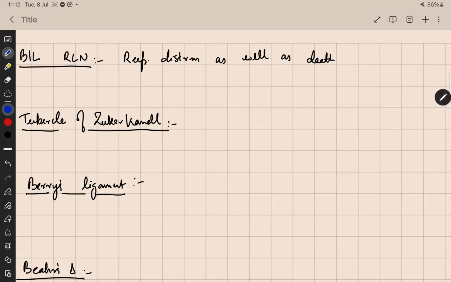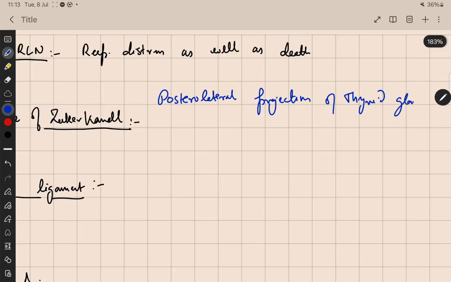It is a posterolateral projection of thyroid gland. Suppose this is thyroid gland. Posteriorly there will be a projection that is known as tubercle of Zuckerkandl.